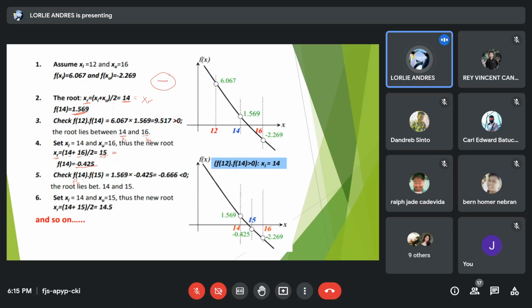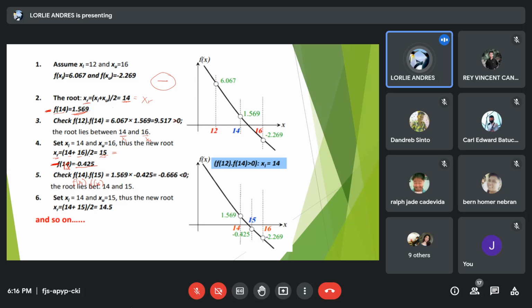This is your f of x sub L, then f of x sub R. So, your f of 14, sorry, this one is f of 15. I typed it wrongly. So, your f of 14 is 1.569, and this one is f of 15 equal to negative 0.425.